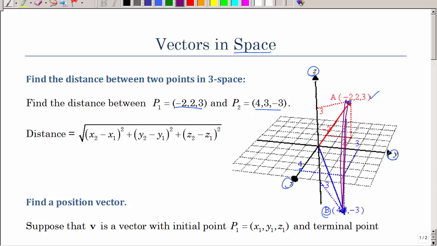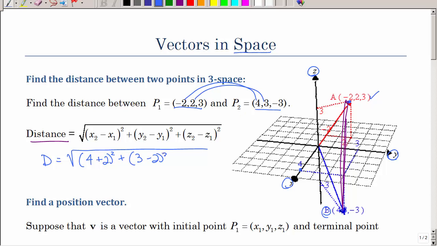The good news is that it's still the Pythagorean theorem, just expanded through to 3 space. So let's go through just doing the math. The distance is going to be the square root of, we subtract the x components, so 4 minus a minus 2, that would make that plus. Then we'd have 3 minus 2, and -3 minus 3.